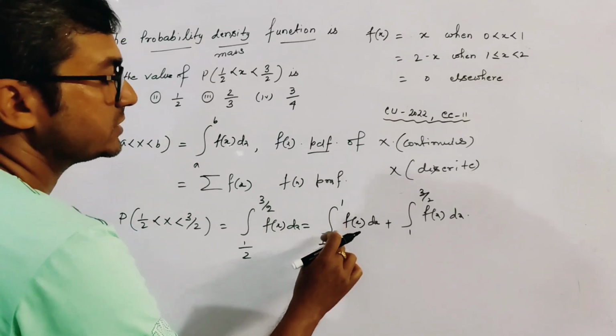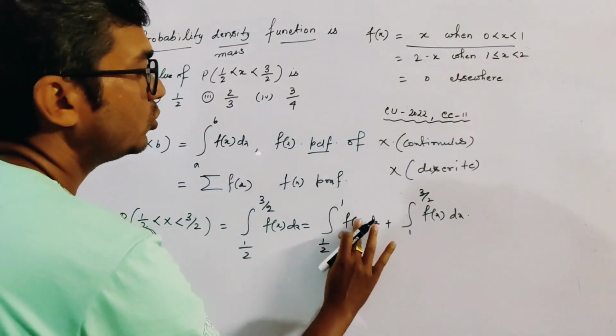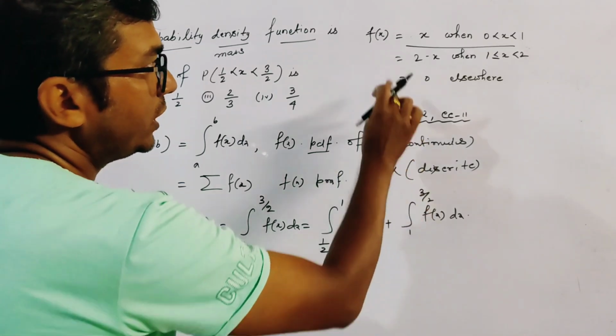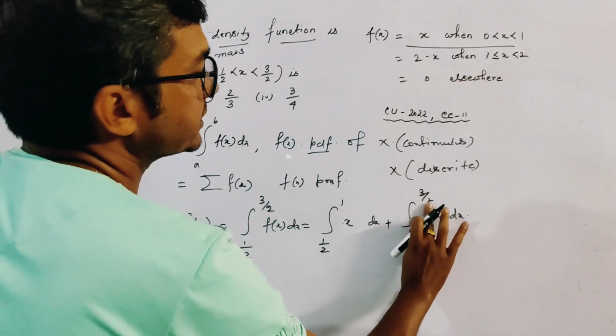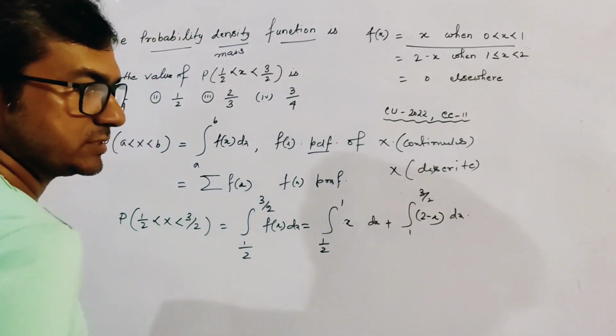From half to 1, f(x) means x, so we put x here, and in the range 1 to 3/2, it is 2 minus x, so we put 2 minus x.